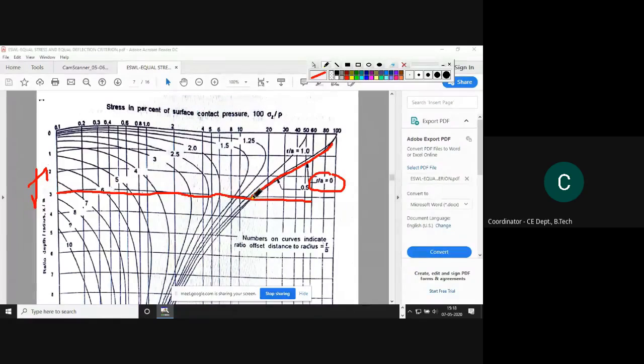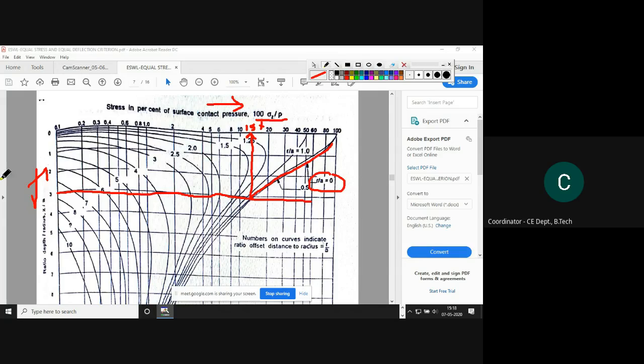what will be the corresponding sigma Z by Q? Just go vertically up. As I said, this axis will give you sigma Z by Q or sigma Z by P. From here we can see that it lies between 10 to 20. Again, this is with your eye estimate. As per my eye estimate, I have taken this as 15%.